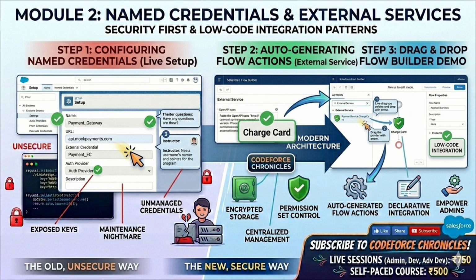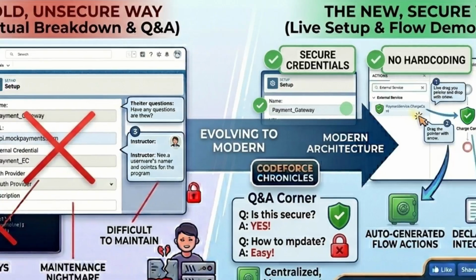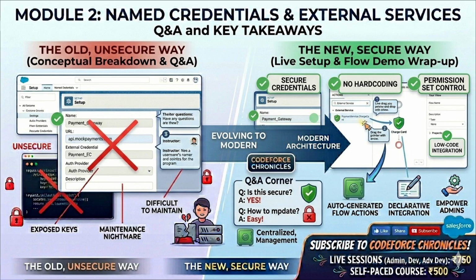To wrap up our session, let's review why this pattern is dominating modern Salesforce architecture. Maintainability: if the endpoint URL changes from V1 to V2, you change it once in the setup page. Zero code updates required.